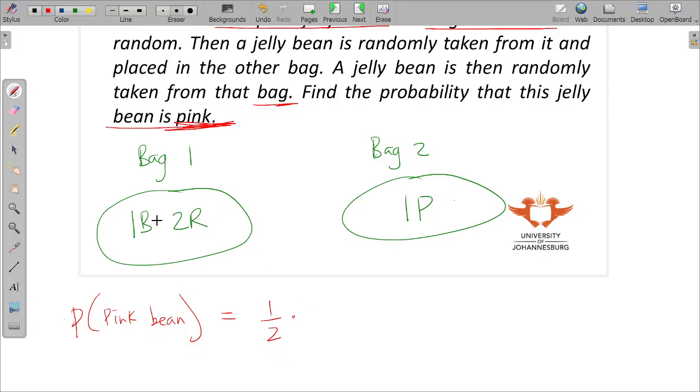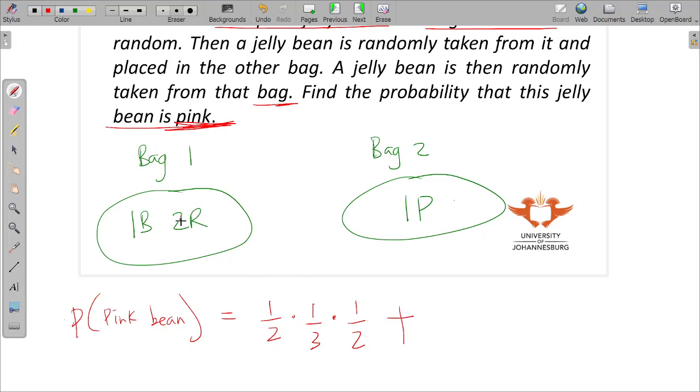We select a black, so it will be 1 over 3, because the total is 3 and black is 1. Now we pick this black and put it in the second bag. Then this becomes one pink, one black. Now we are selecting a pink, so it will be 1/2. That is fine here.